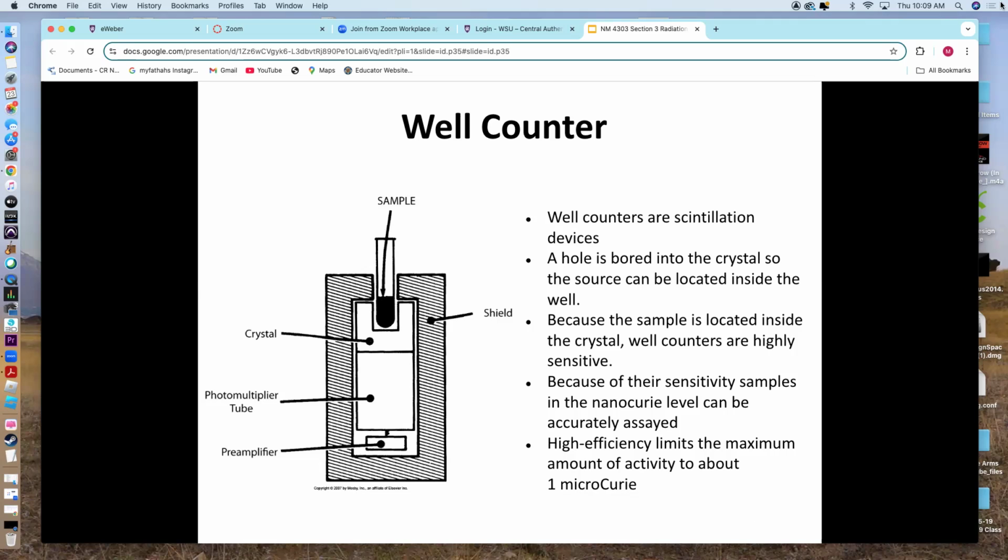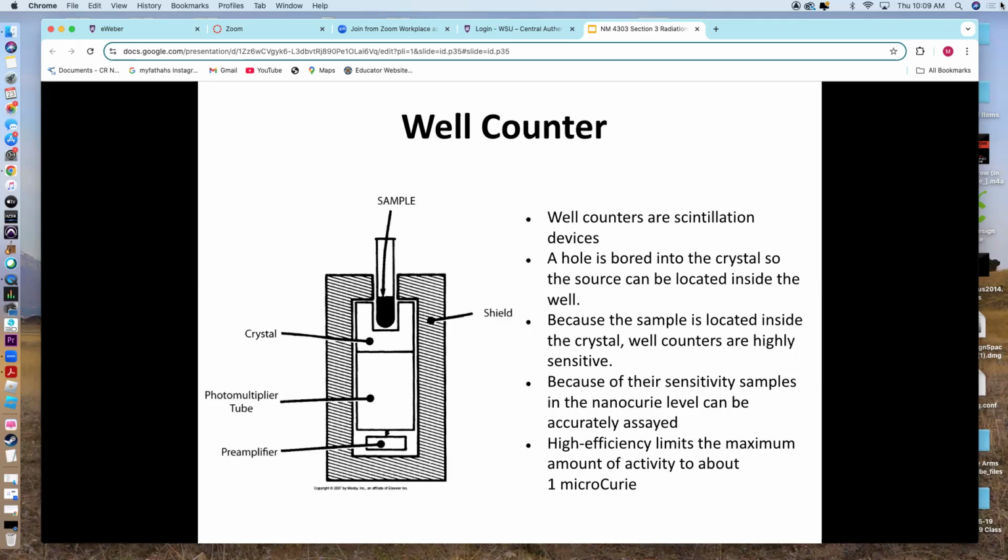The other one that this can be used for, if you've ever done it, there's a test where you look at nasal issues, where they can have leaks from the brain cavity to the nasal cavity. What they'll do is give a radio source, and then they'll put pledgets up inside the nose, and it's supposed to absorb any leakage coming through. Then you can take those pledgets.